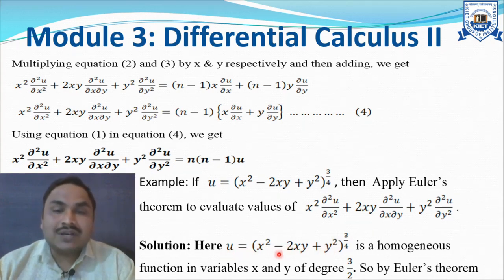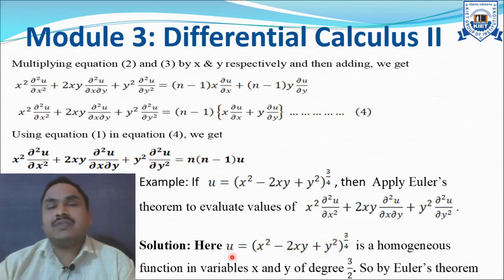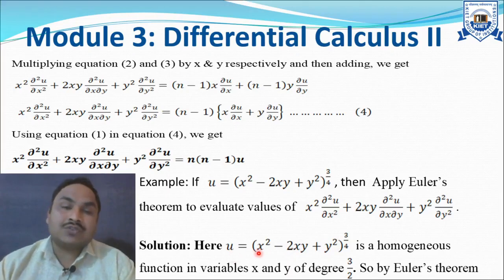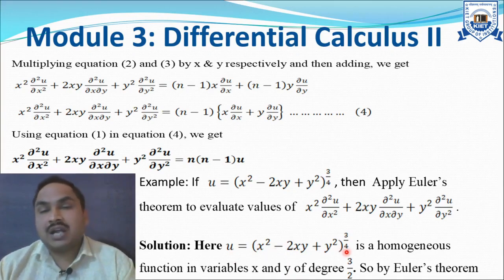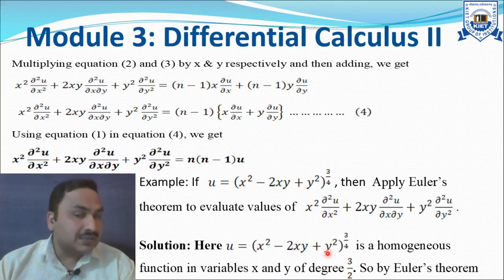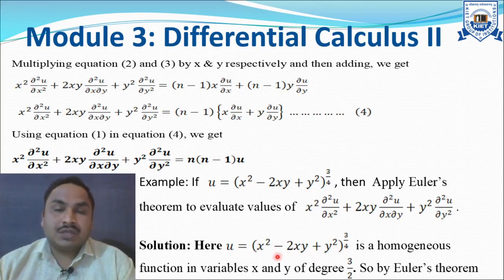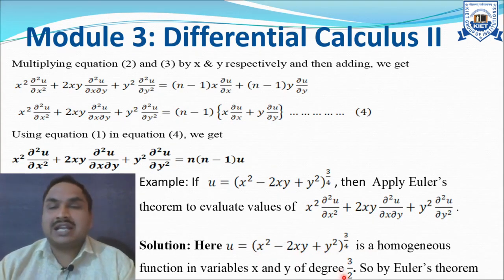That is, this function becomes identical with u equals x^n φ(y/x). In a similar way, if we simplify to find the degree of this homogeneous function, we shall get n equals 3/2.